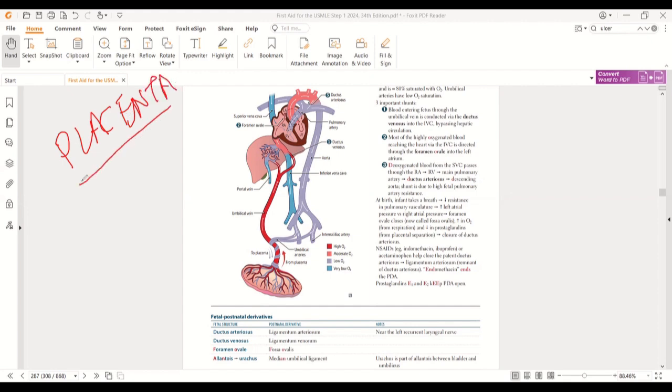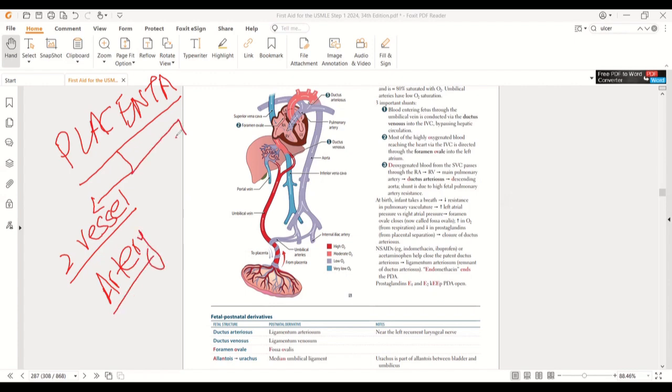Two vessels are arteries and one is a vein: two umbilical arteries and one umbilical vein.